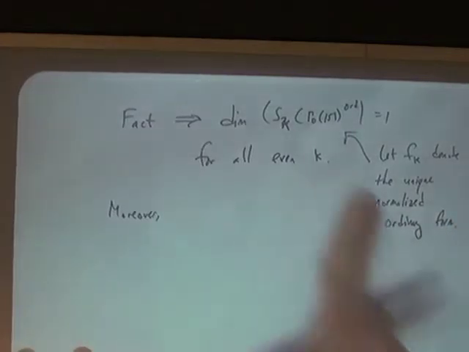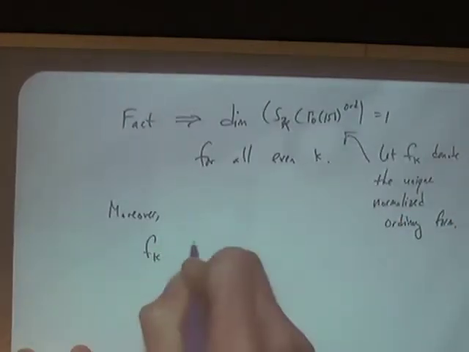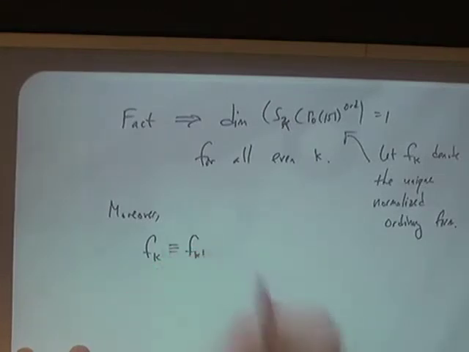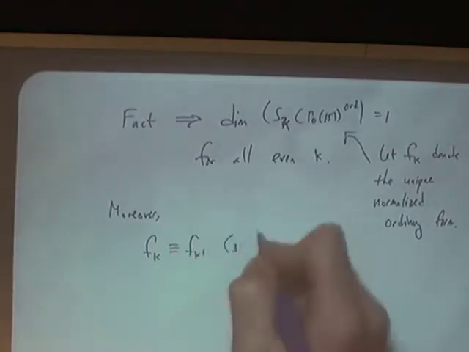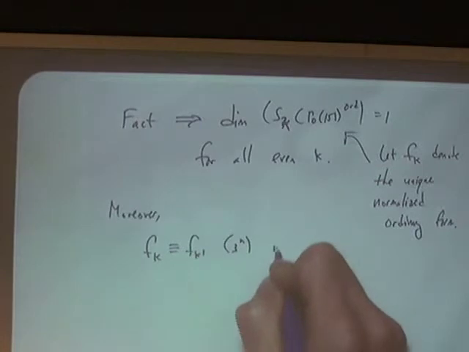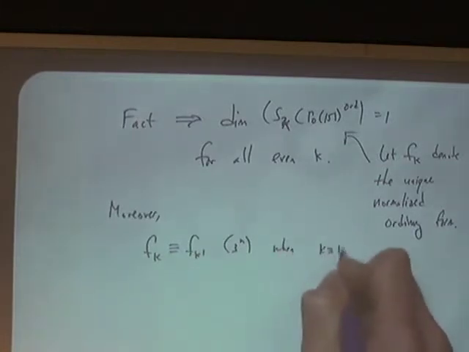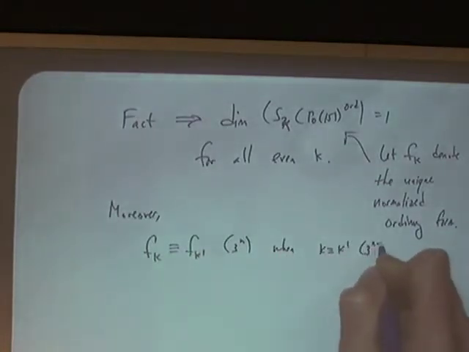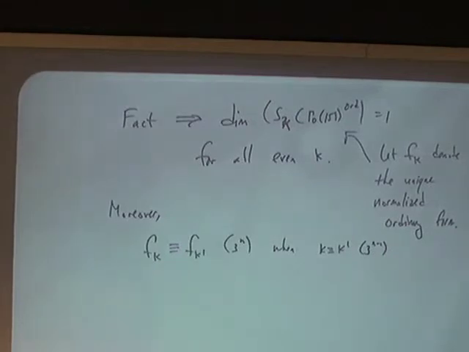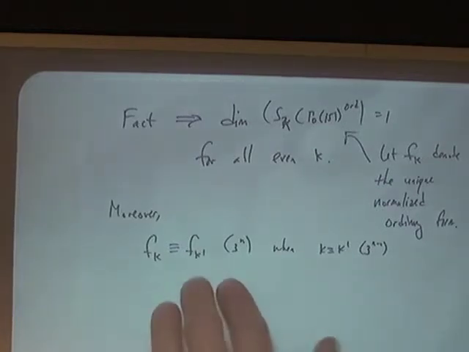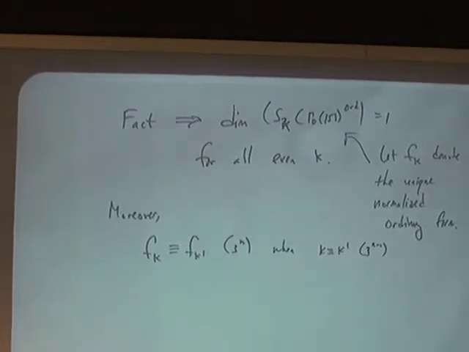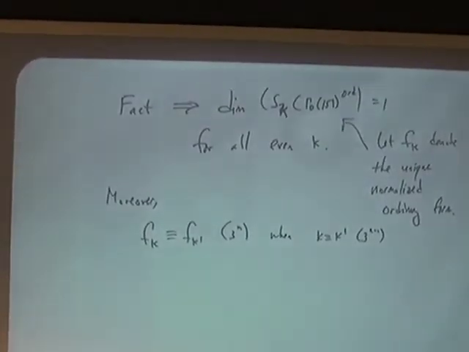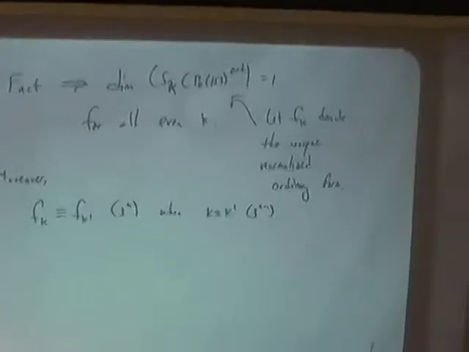If I look at f_k and f_k', these will be congruent mod, let's say, 3^n, when k and k', how I'm normalizing this, are congruent mod 3^(n-1). All the weights are even. So it's saying as I bring the weights closer and closer to each other p-adically, then the Fourier expansions, that's what I mean by this congruence here, the Fourier coefficients of those two forms get closer and closer 3-adically. So that's a p-adic family.